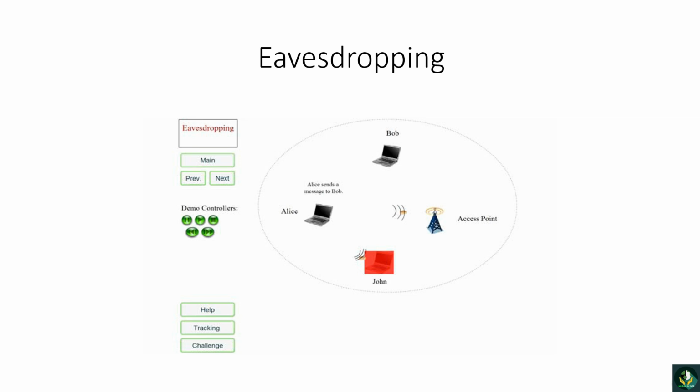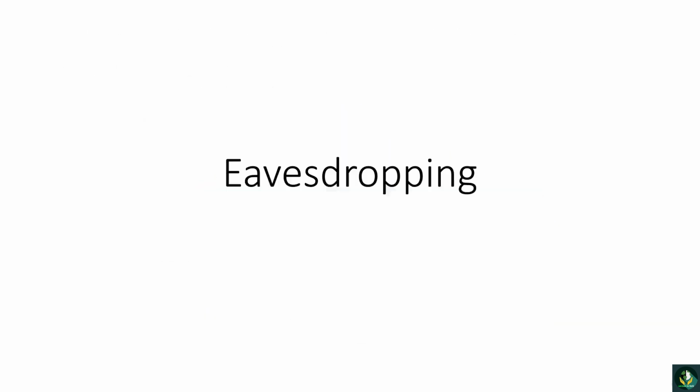Bob sends a message back to Alice and the packets are forwarded by the AP to Alice. John captures the message sent by the AP to Alice. So that's the usual process of how eavesdropping works. That's all about eavesdropping.